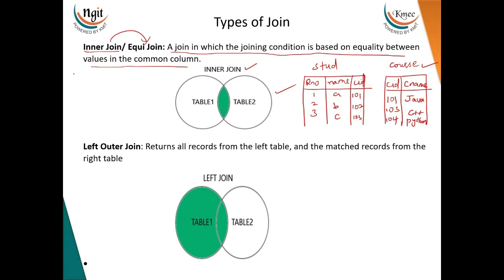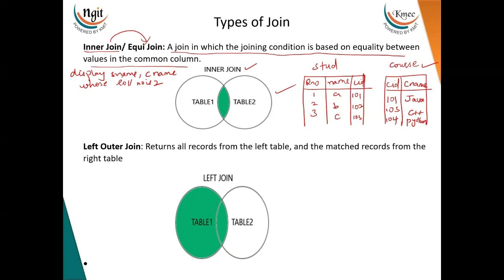So the question is to display student name as well as course name, whose roll number is 2.